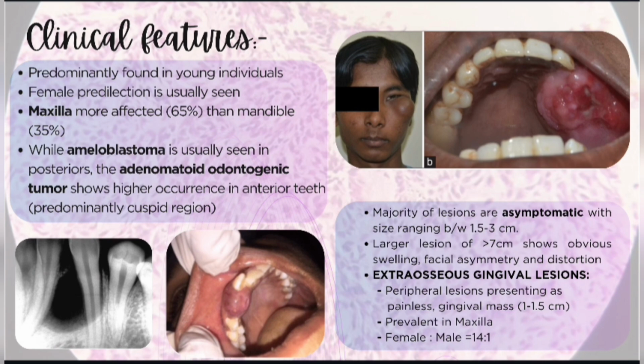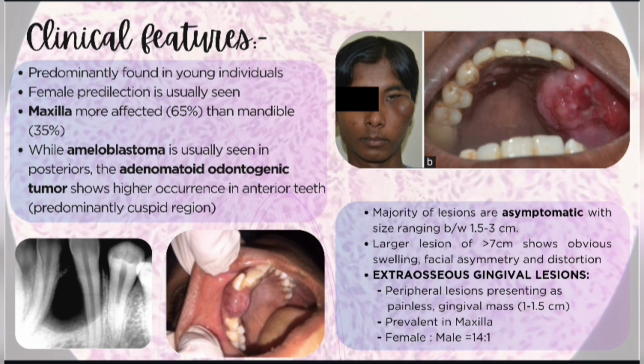Clinical features. Basically, what we see in the oral cavity while examining, what we see during intraoral examination. It is predominantly found in young individuals. It doesn't mean that it is not found in older individuals, but it is predominantly found in younger individuals.